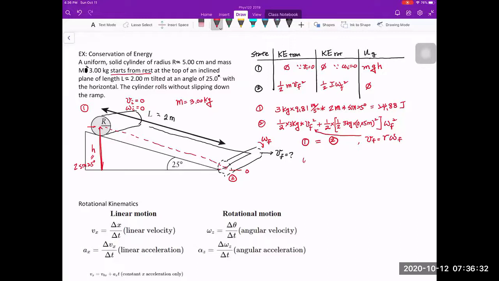If you do that, you will find out the omega in this case is going to be 66.5 radians per second.